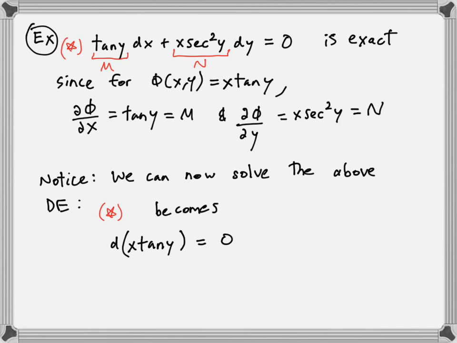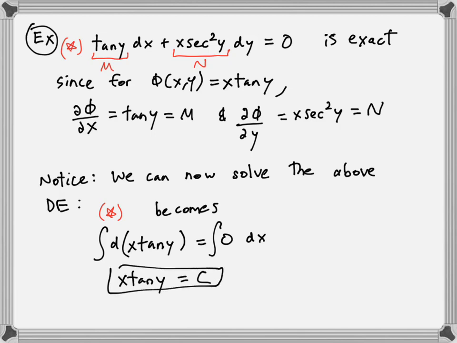But if we agree that this is true, and we now integrate both sides, what do we end up with? On the left, we just get x tan y, and on the right, we get 0 plus c, which is just c. So this becomes our answer. This is our solution to our differential equation.